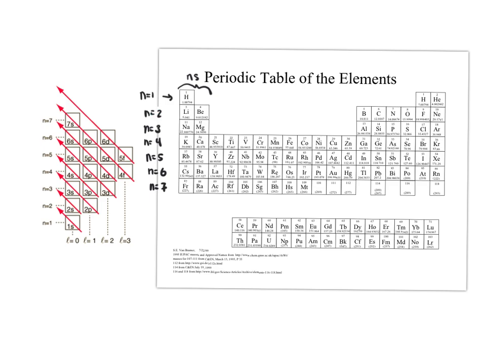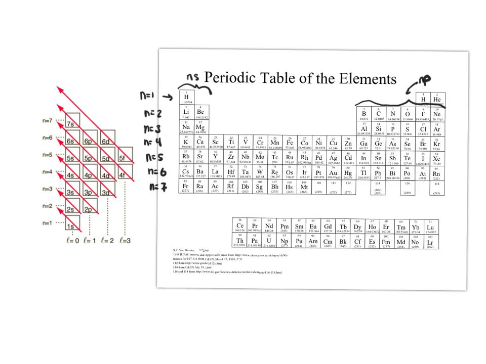For n equals 2, lithium has its outermost electron in 2s, beryllium also 2s. Now what happens when we come over here, these 6 elements here fill the np subshell.